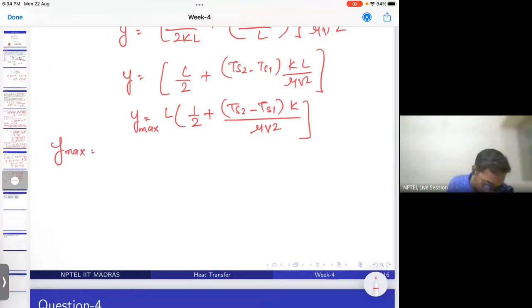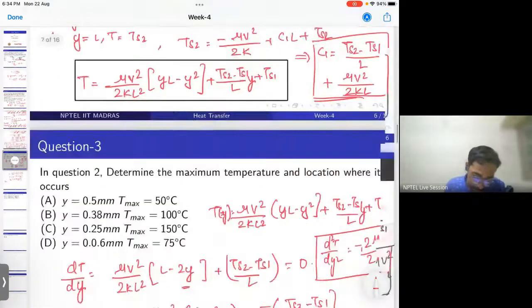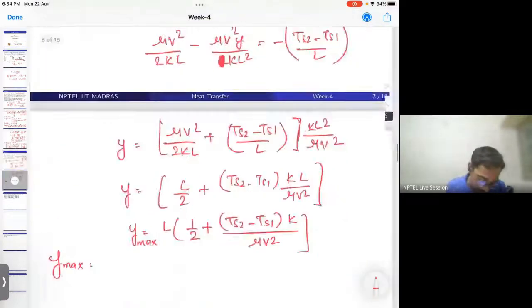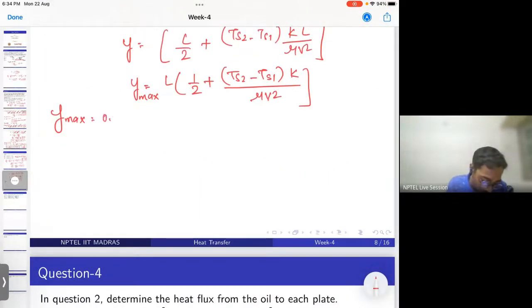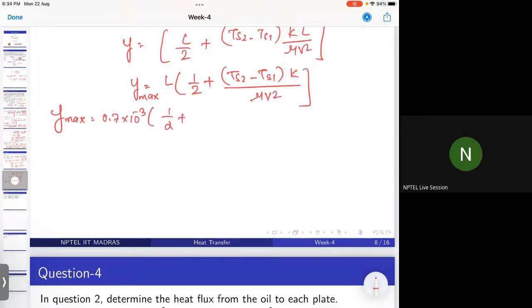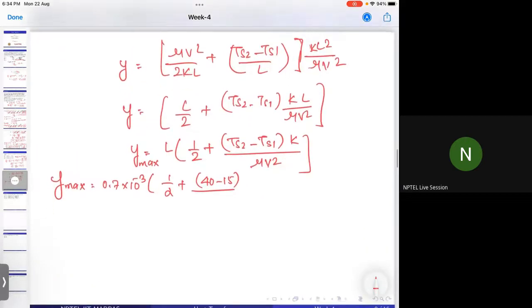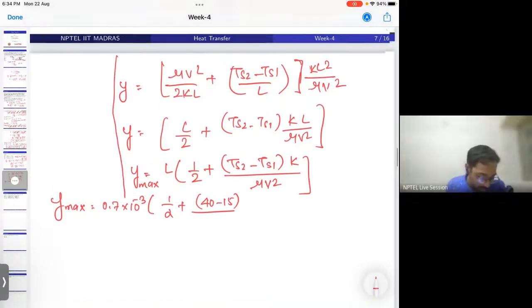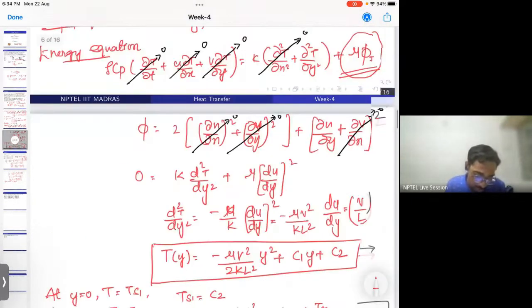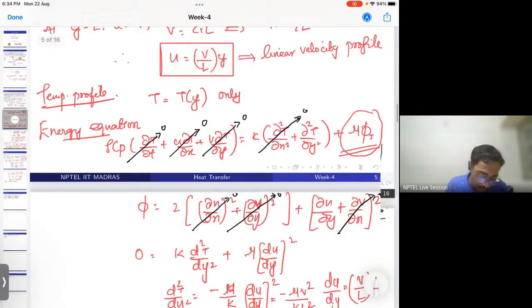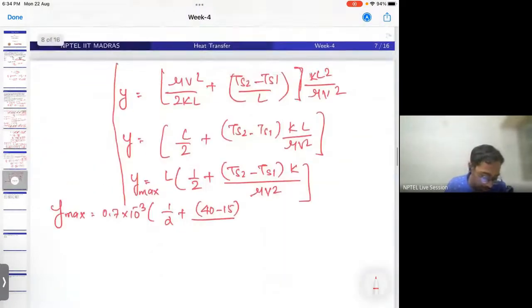Substitute the values. What is L? L is 0.7 mm, 0.7 into 10 raised to minus 3, times half plus (Ts1 is 40 minus 15). Sorry, I forgot to give the k and μ values of this oil. You can take them at the average temperature, because one surface is at 40 degrees and one is at 15 degrees.